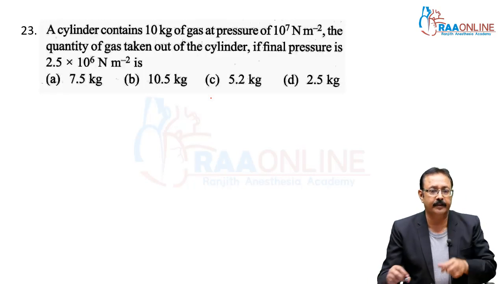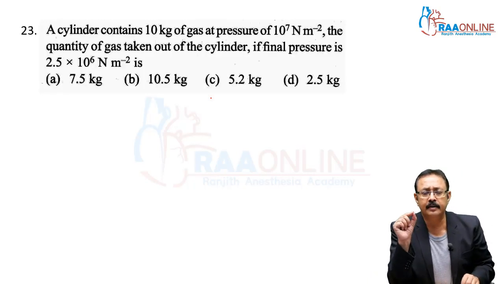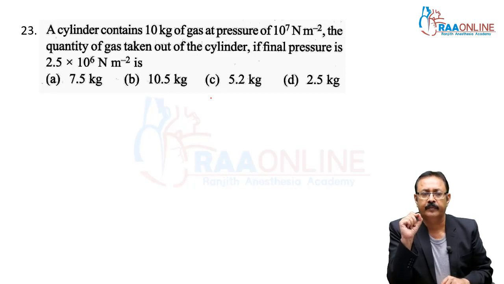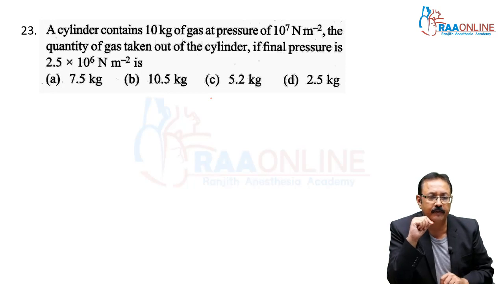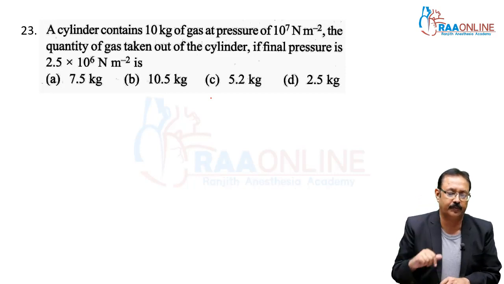Next, 23rd. A cylinder contains 10 kg of gas at a pressure of 10 to the power 7 Newton per meter square. The quantity of gas taken out of the cylinder, if the final pressure is 2.5 into 10 to the power 6 Newton per meter square.